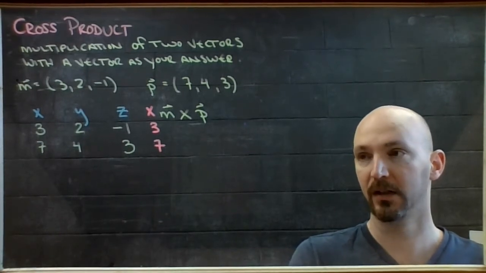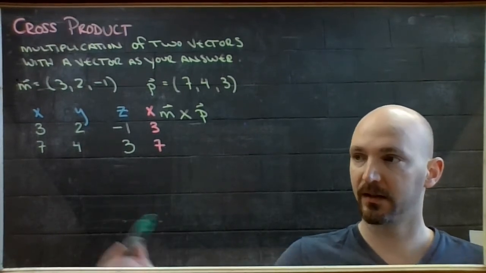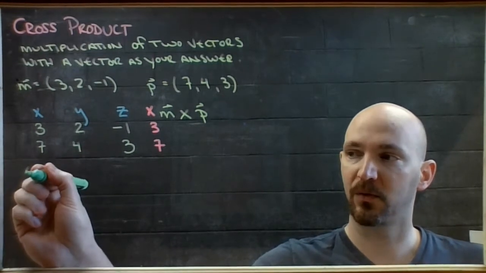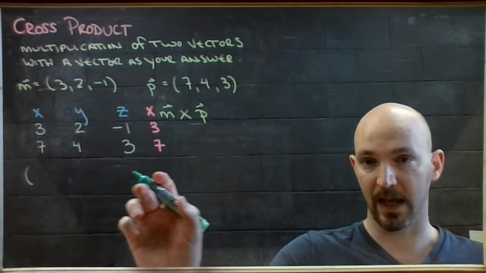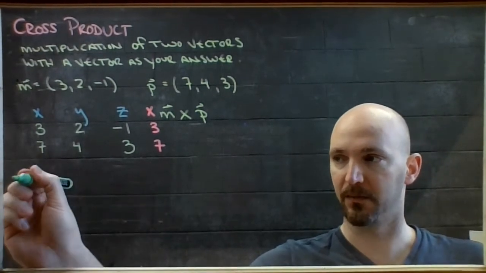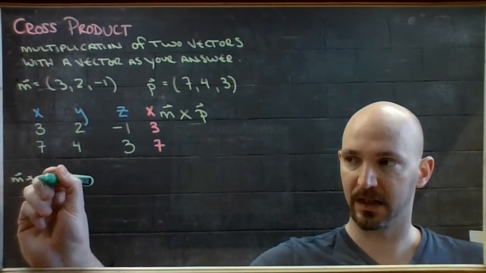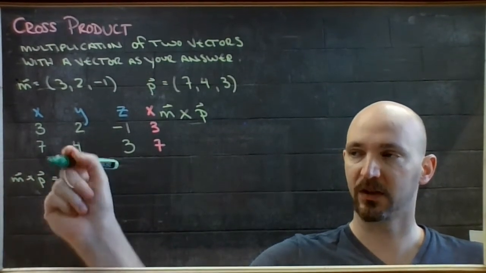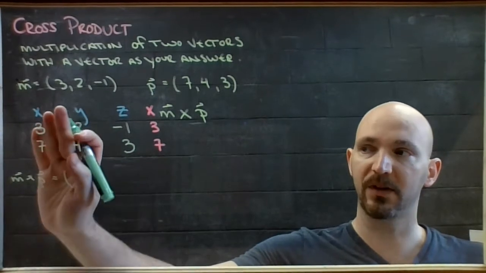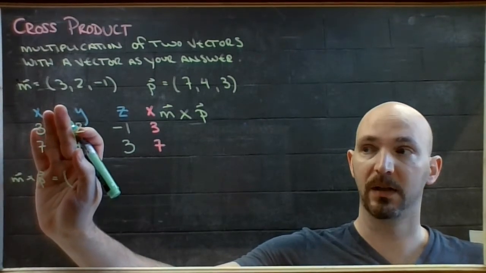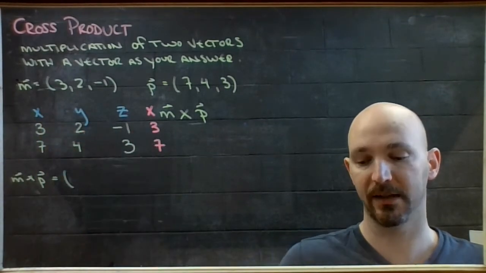Alright, so to get the x coordinate of the answer, m cross p equals. To get the x coordinate, I'm going to ignore everything in this column, and use the y and the z to generate it.